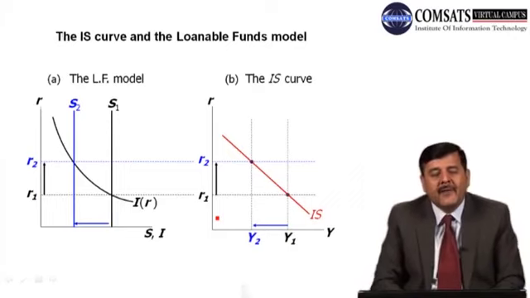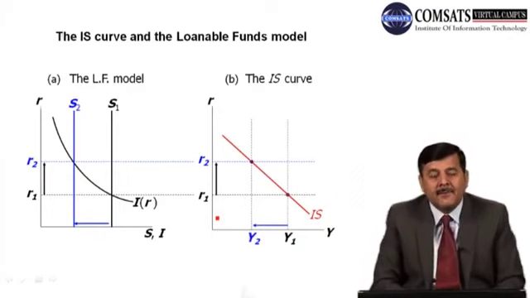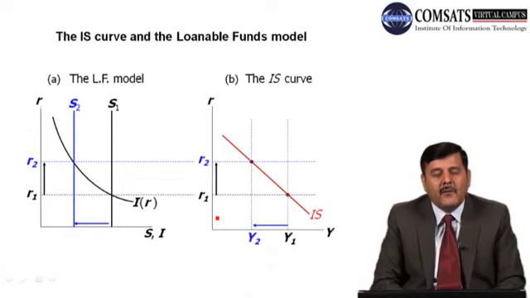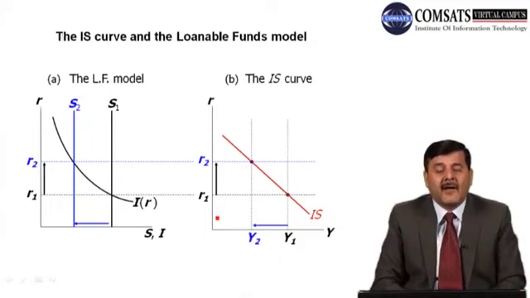We can also use the loanable funds model to derive the IS curve. In diagram A, we have the loanable funds model, and in B we have the IS curve. As we know, savings are given in the loanable funds market, so we have a vertical curve.